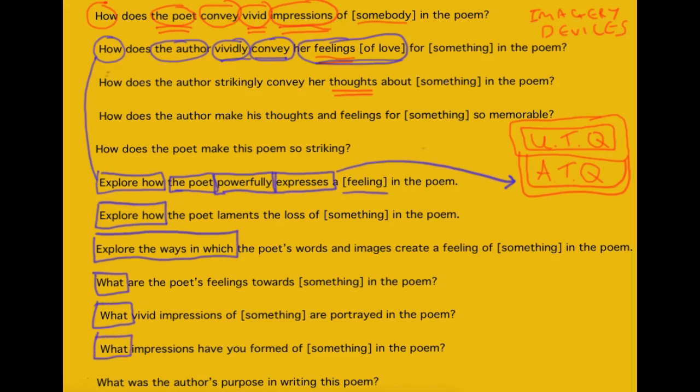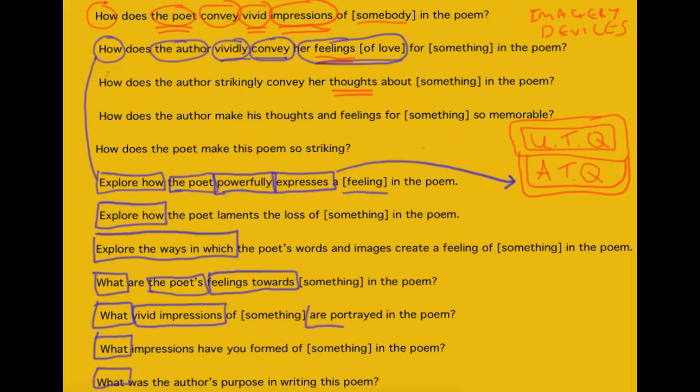So a slightly different way of asking you to consider the different points. Okay, so what are the poet's feelings towards something in the poem? What vivid impressions of something are portrayed in the poem?